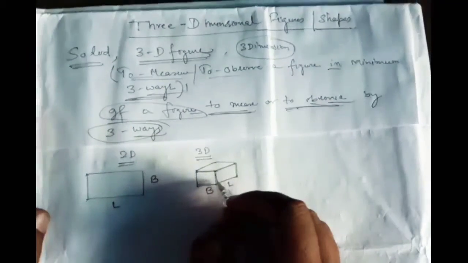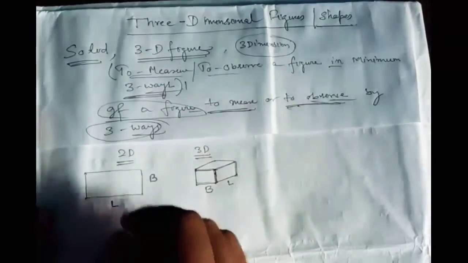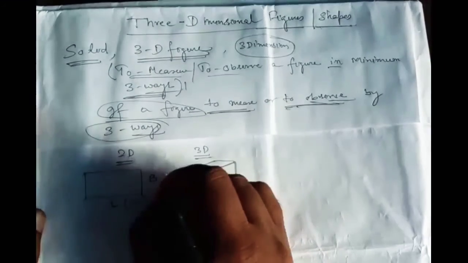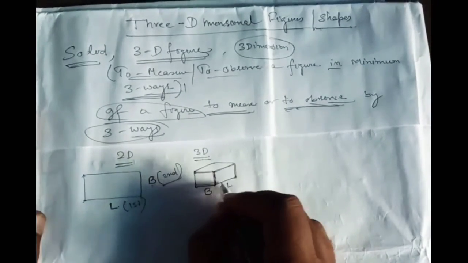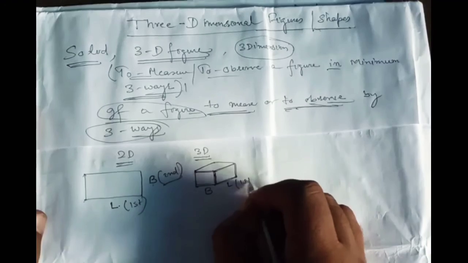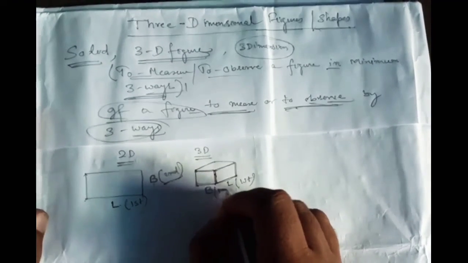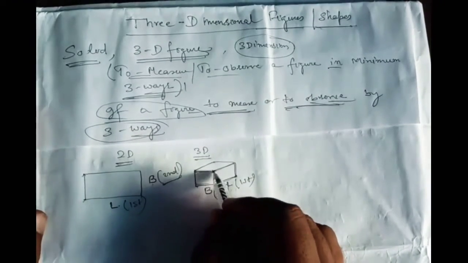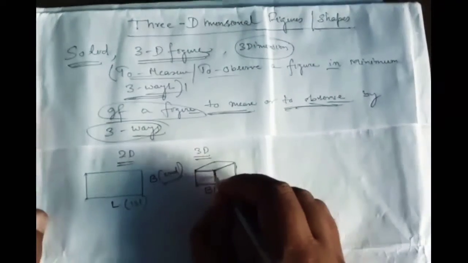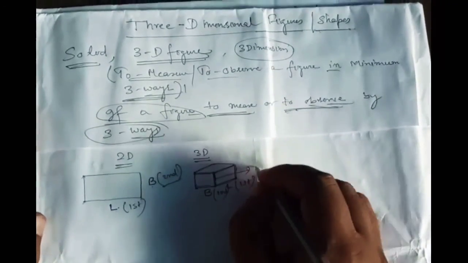To understand the figure, we have to add another dimension here. So here we are getting two dimensions. This is the first dimension, this is the second dimension. To observe this figure clearly, we have to take one more dimension, that is this dimension, and this is called the height.